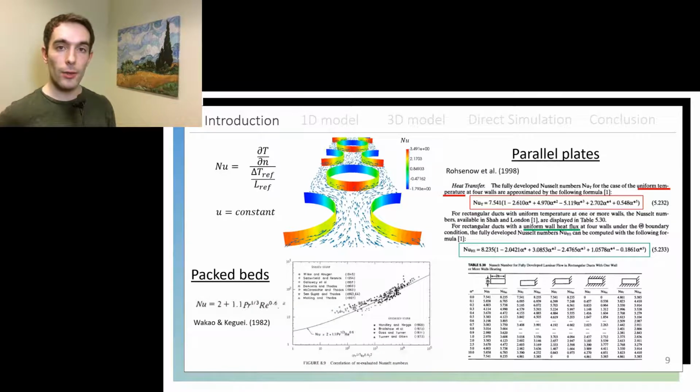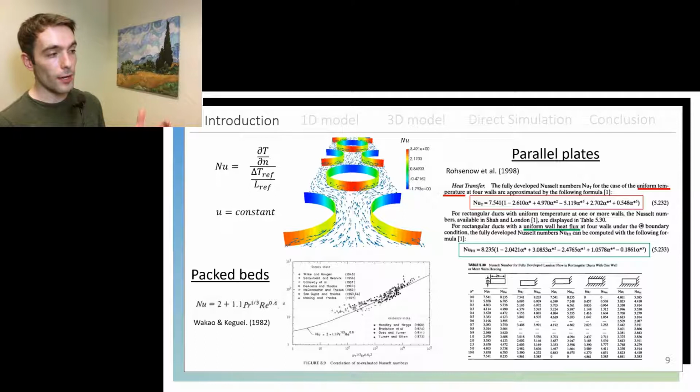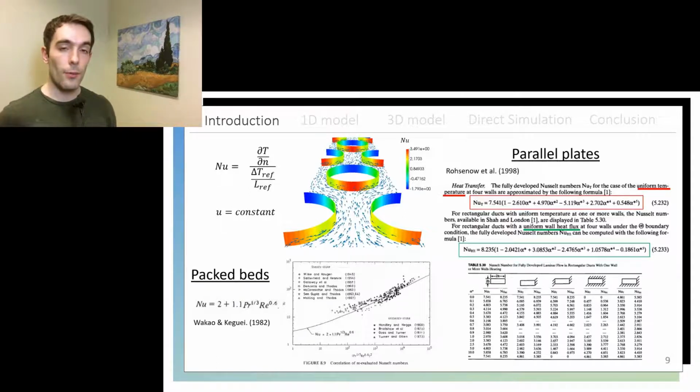The Nusselt number is calculated as you see on the left corner of this slide, and right next to it there is a color image which represents the value of the Nusselt number for a forced convection simulation of a two-dimensional pack of cylinders that started with an initial temperature gradient in the direction of the flow. I showed you this image to give you an idea of what kind of error we would incur if we assume a constant average Nusselt number for our geometry, and that is what is usually done for one-dimensional numerical models.